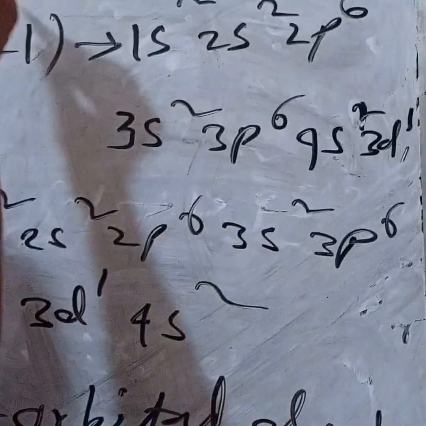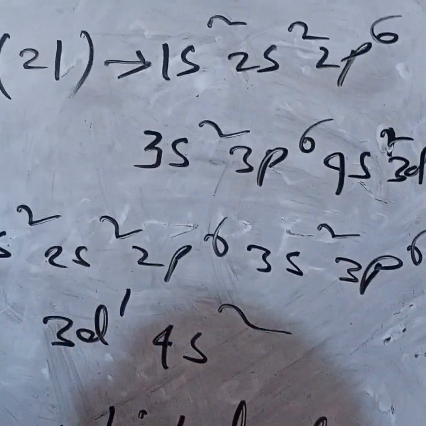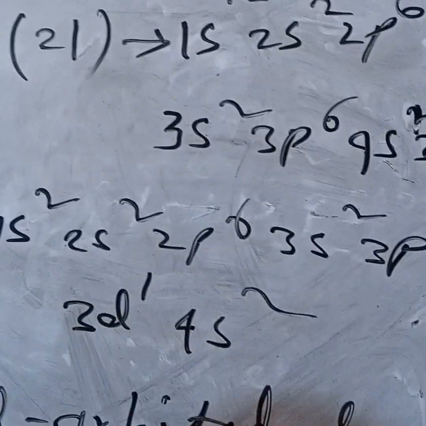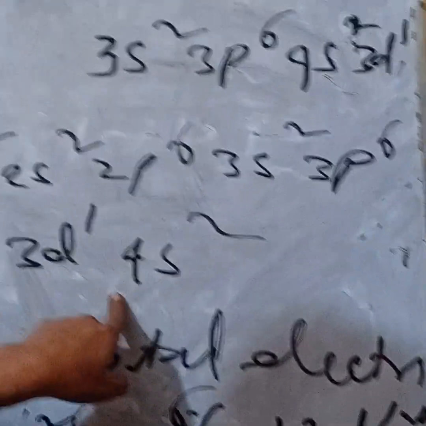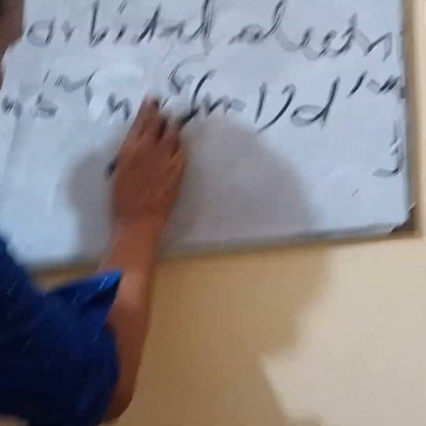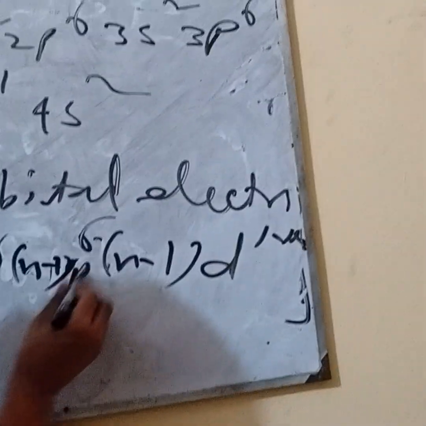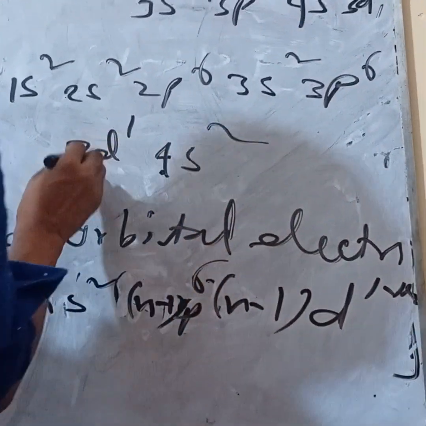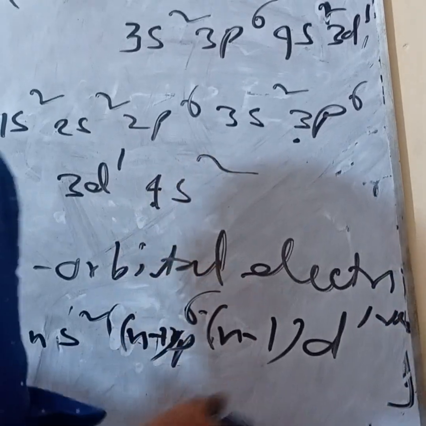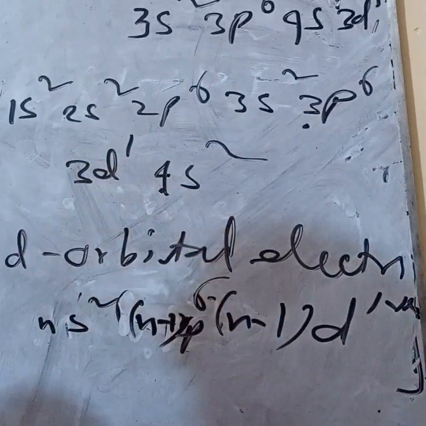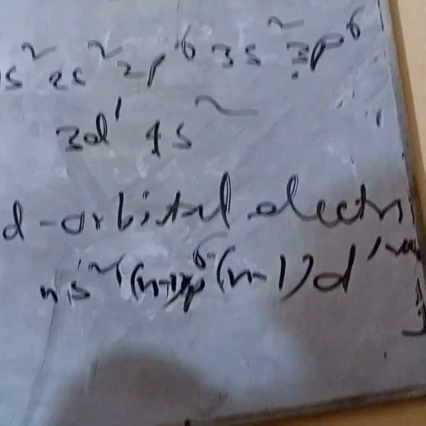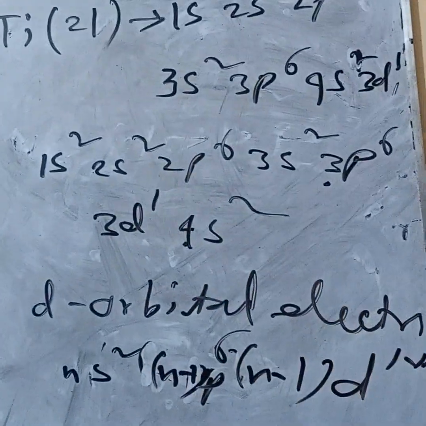This is the system titanium to zinc: ns2, np6, ns2, (n-1)p6, (n-1)d1 to 10. This is a common system, the d orbital system.